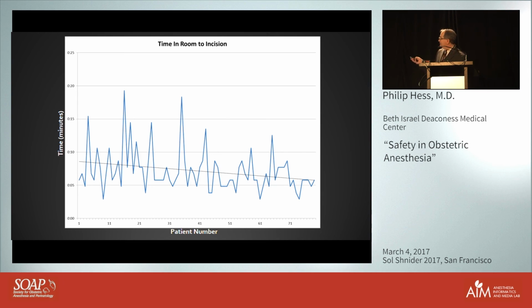Look at some of these cases, as I showed, took 18 minutes to make a skin incision on a stat cesarean delivery, right? This is where the process that they were using wasn't aiding them in getting the patient and the baby out in time. We've all seen these kinds of cases. We were able to reduce the time that these cases took because the system was streamlined in order to facilitate that process.